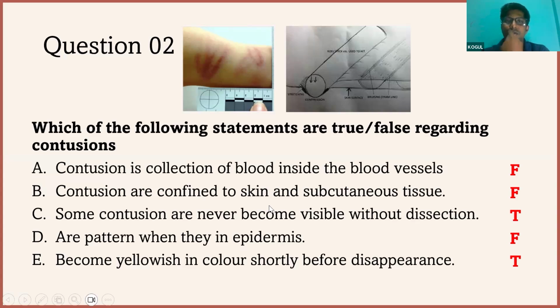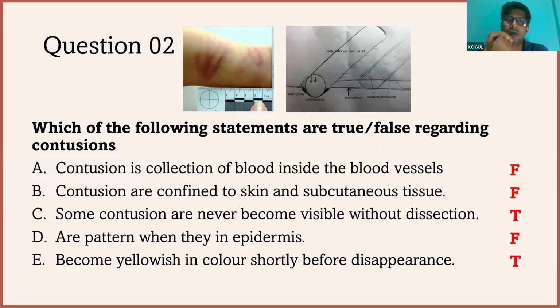False. Because contusion can occur anywhere, not only in the skin. Abrasion is only confined to the skin. But contusion you can get in the internal organs: in the brain, heart, lungs, liver, any internal organ. So confined to the skin and subcutaneous tissue is false.